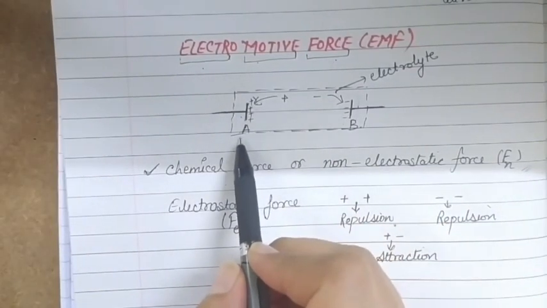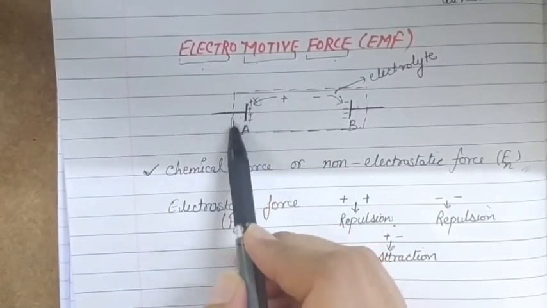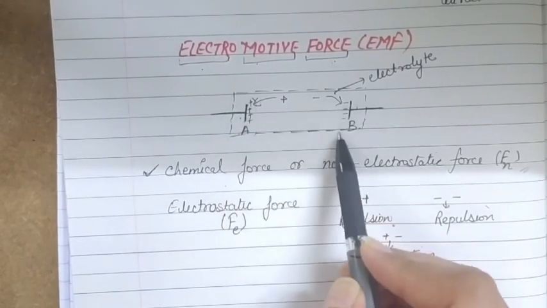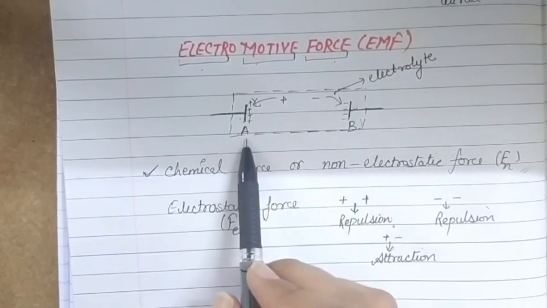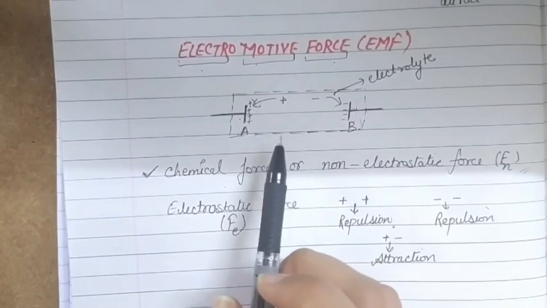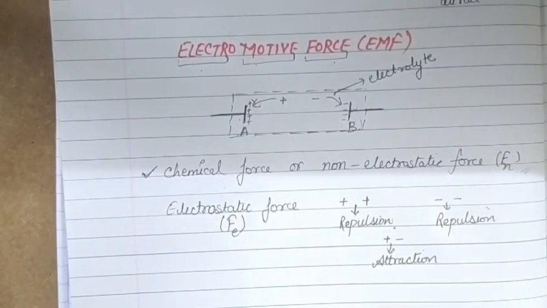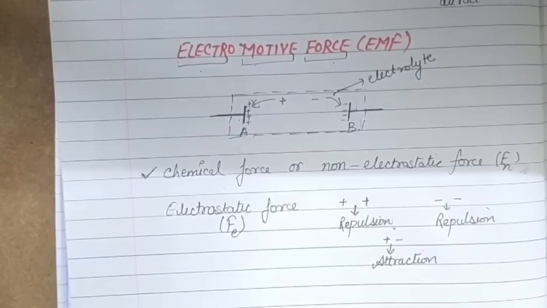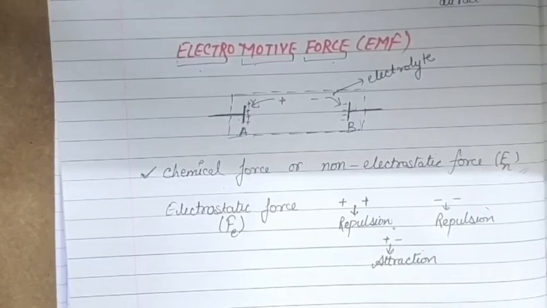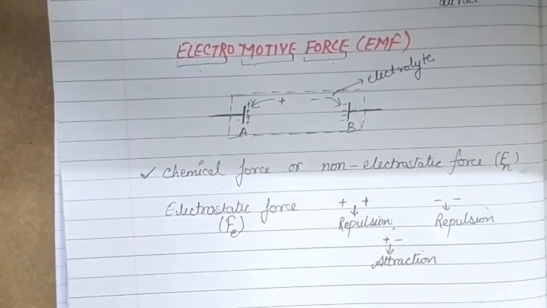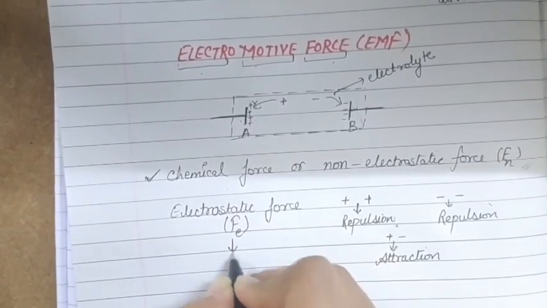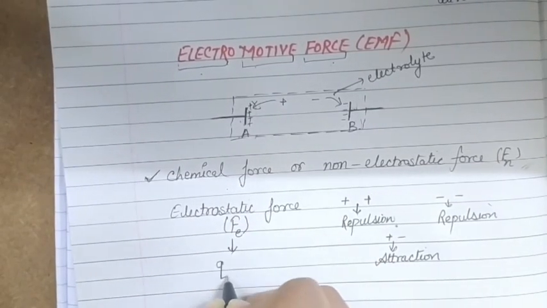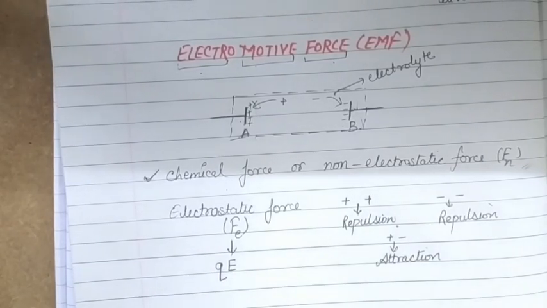So as charge accumulates on terminal A and terminal B, an electric field also sets up there. Now what will this electric field do? Because of this electric field, on these charges where till now there was only the non-electrostatic force, an electrostatic force will also exist, right? So this force Fe, the electrostatic force, will be equal to QE.